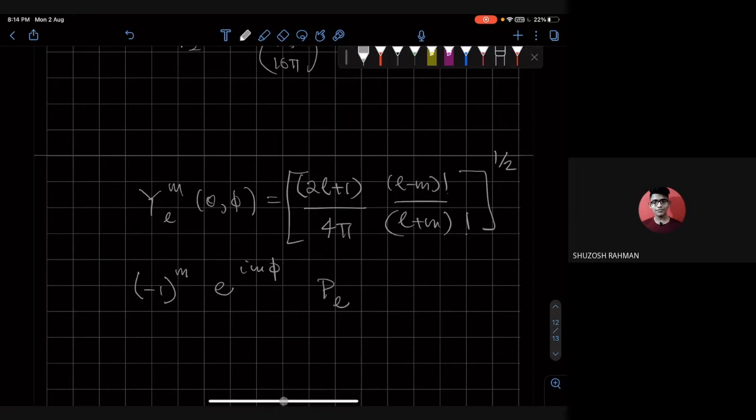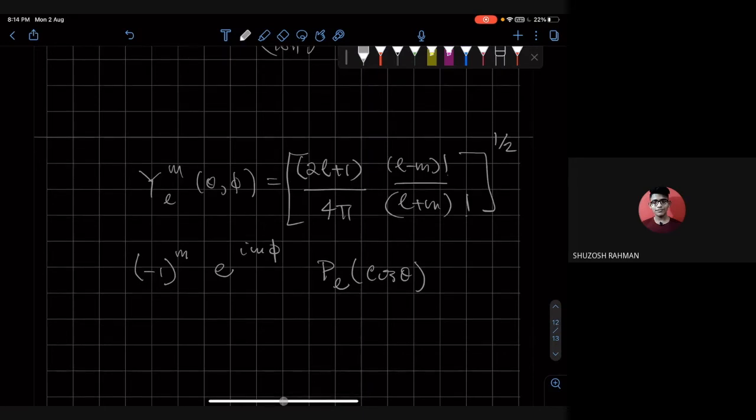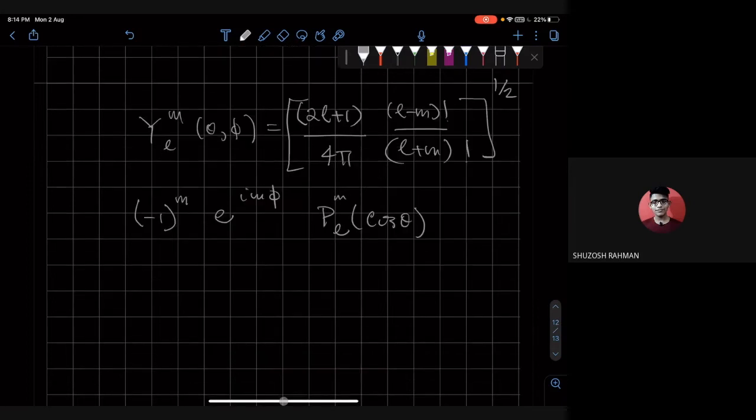P_L^M of cosine of theta, and I think it's to the power M. I don't think it's a different quantum number, but let me check.